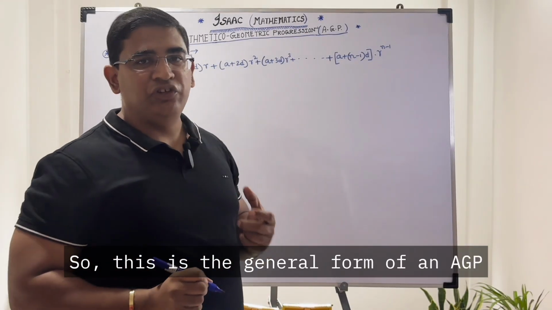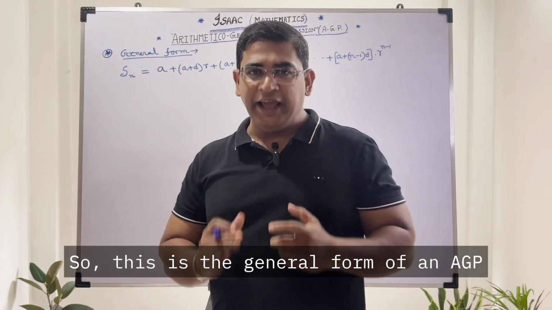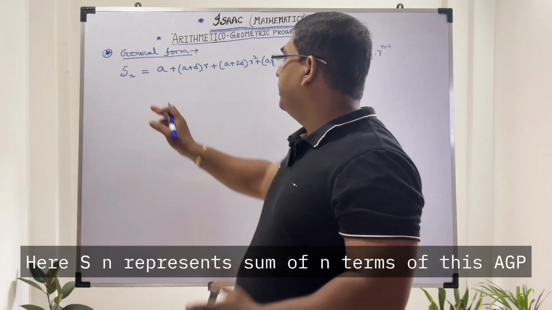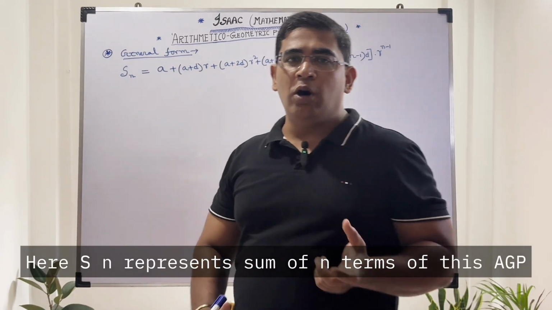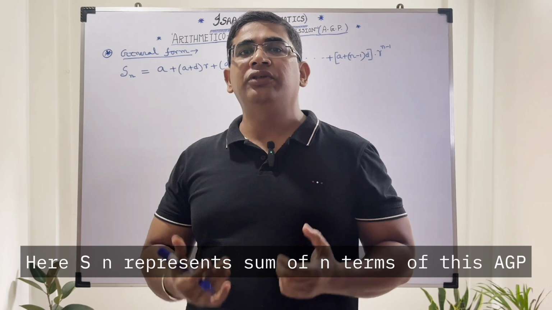So, this is the general form of an AGP. Here Sn represents the sum of n terms of this AGP.